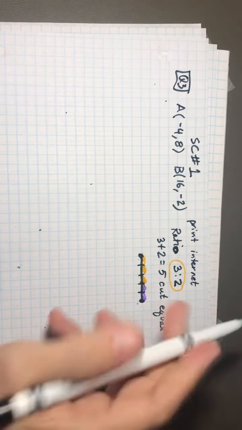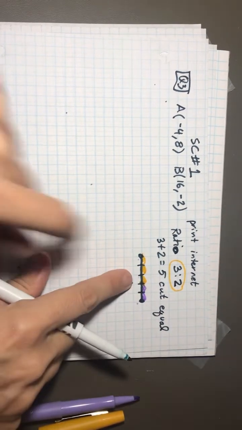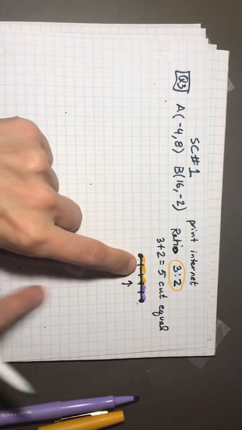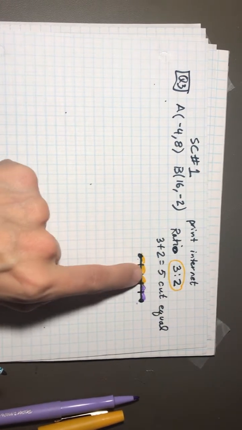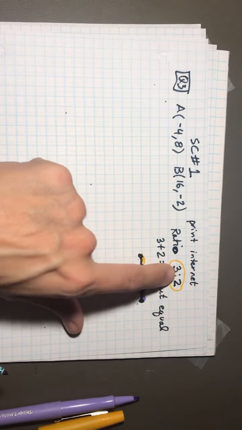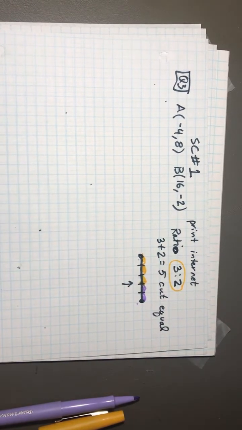So notice that this location right here would be at a ratio of 3:2. 3 we went and 2 left to go. Notice that's why we need the number 5 to show up in our problem.